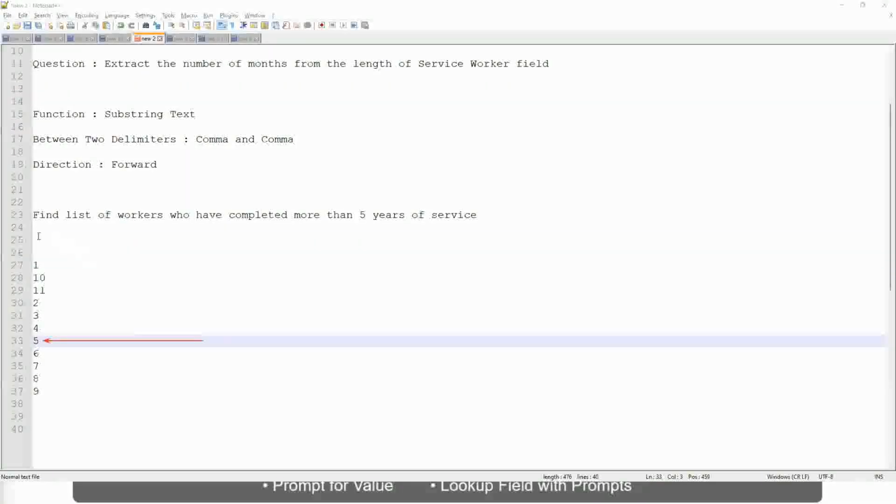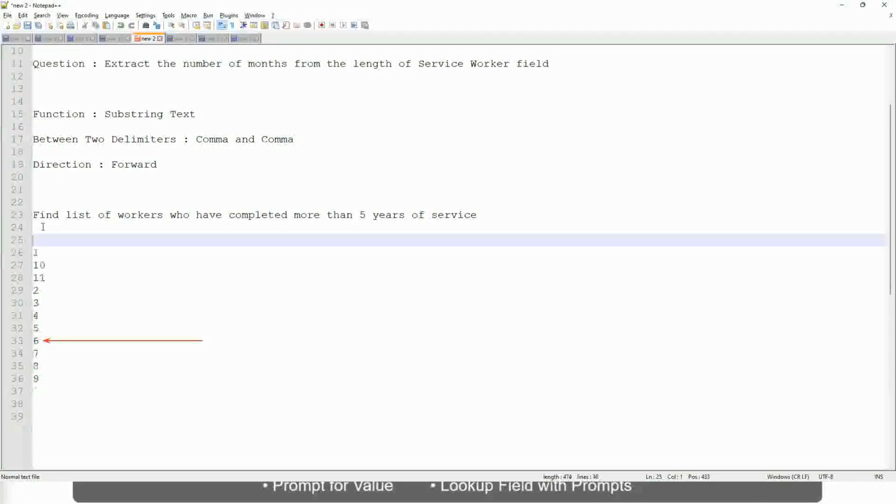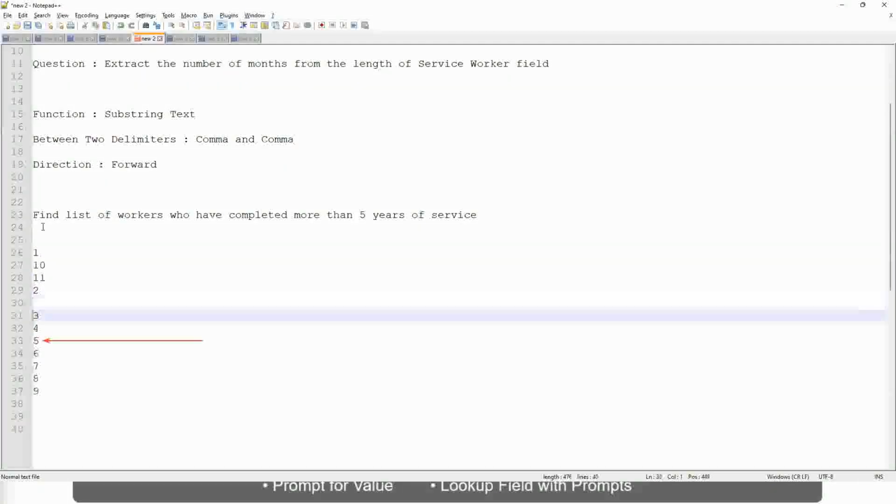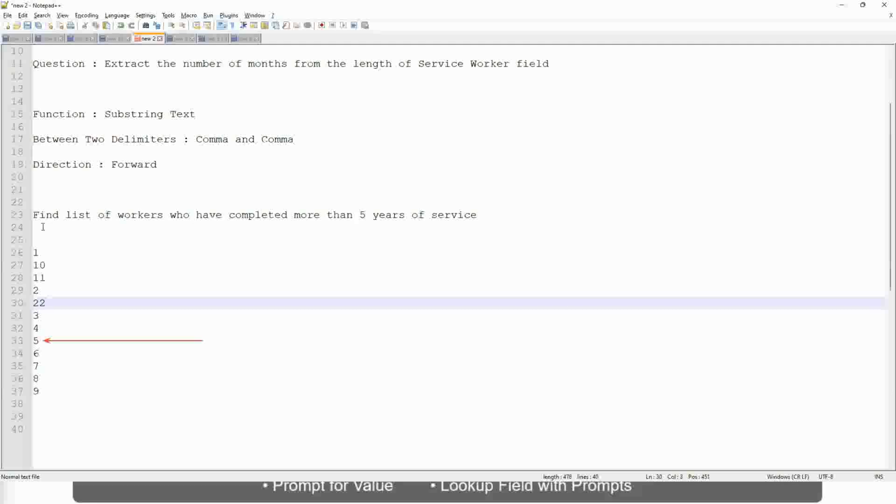Where is 22? Let me just put it here. So 22 will be between 2 and 3. Right. Logan has 22 years of service, but it actually comes here. So it is considered to be less than 5.